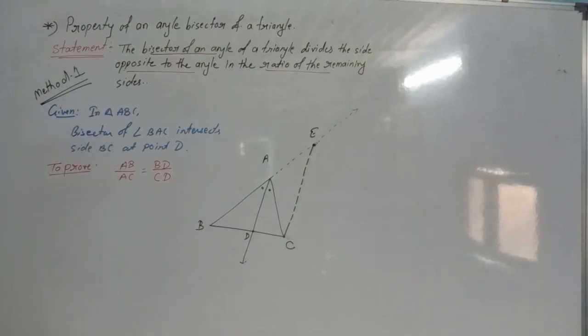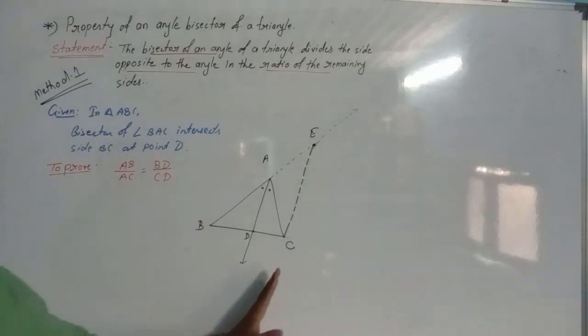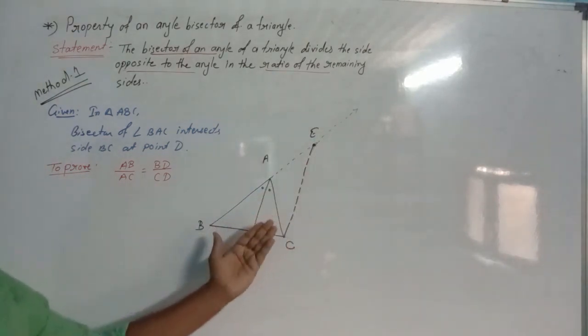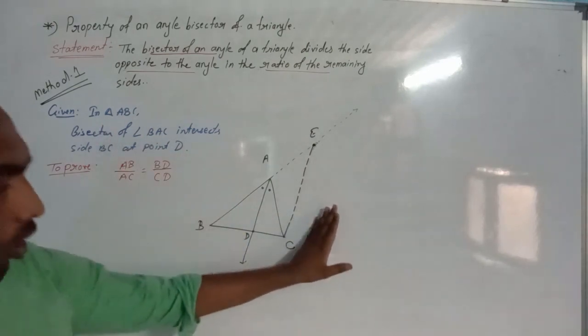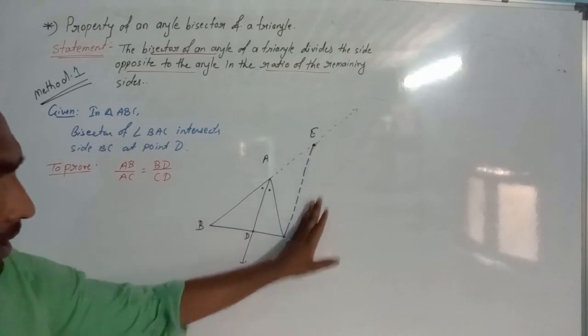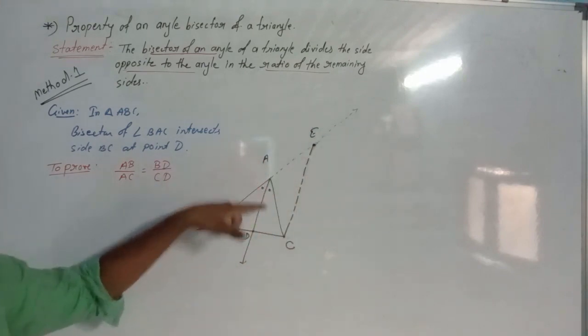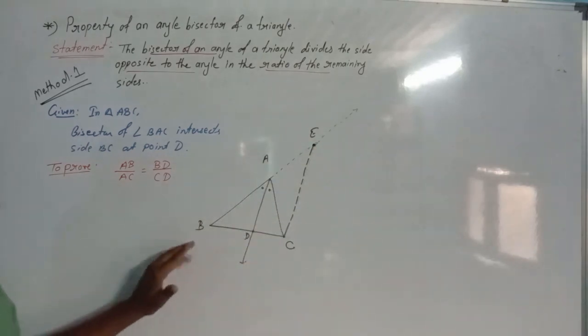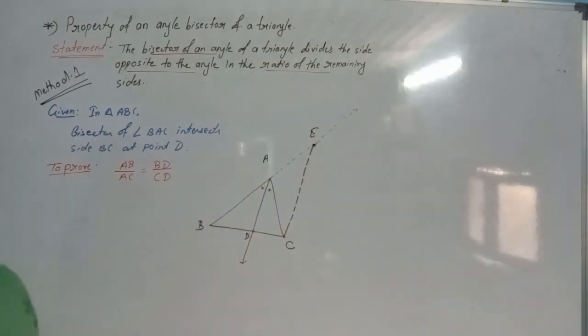Clear? I repeat the construction. Draw line CE which is parallel to ray AD, and this line meets line AB at point E. Clear?